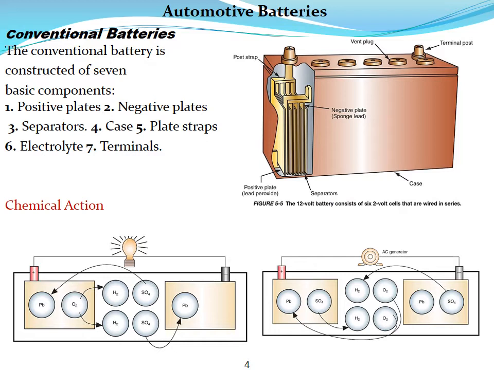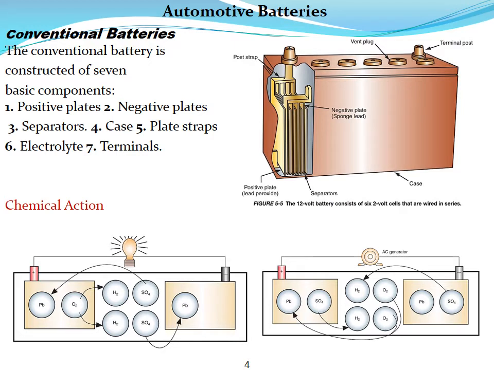Now the chemical action. Here there are 2 figures to illustrate the chemical action inside a conventional battery. During discharge, here in the left figure, the lead Pb from the positive plate combines with sulfate SO4 from the acid, forming lead sulfate PbSO4.